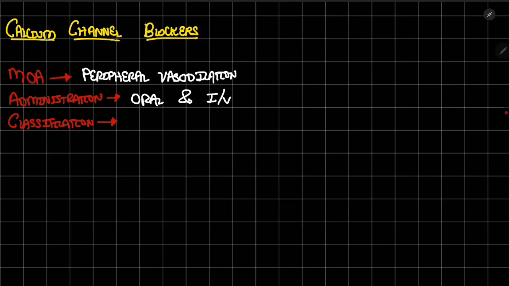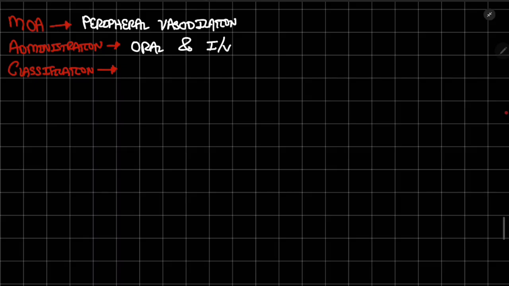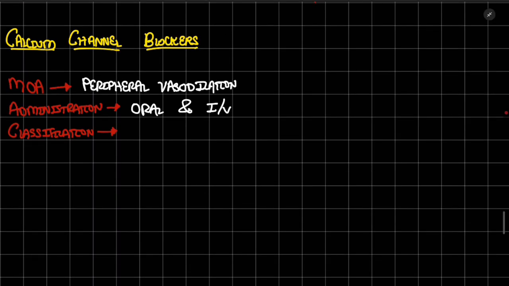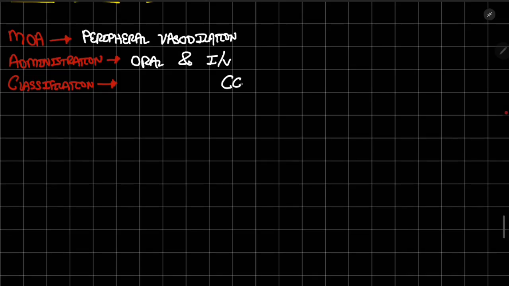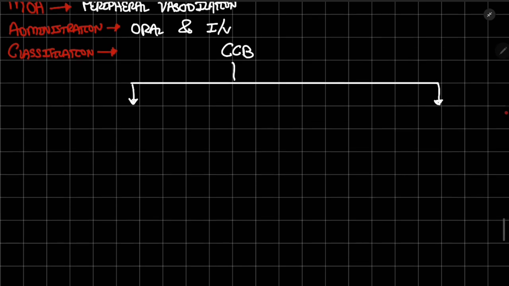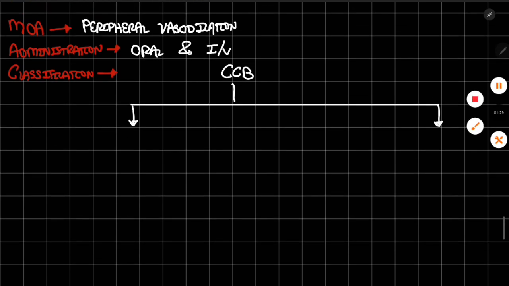Now one more point gets added in this calcium channel blocker: its classification. In short, we will write calcium channel blocker as CCB. It is a very interesting classification as it will help you in telling the uses of the drugs of various calcium channel blockers.